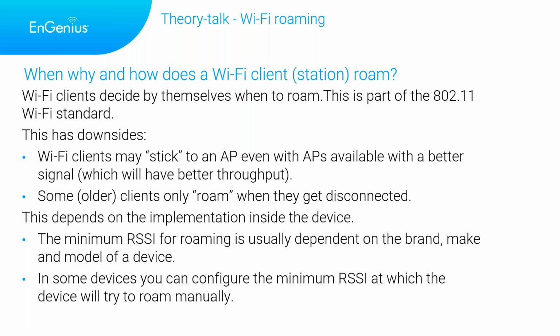So it depends on the implementation in the device. In some devices, they have set a minimum RSSI for roaming, so the minimum signal strength before it goes to hop, and it depends on the brand, the make and model of the device, and in some cases even on the software or firmware version of the device.